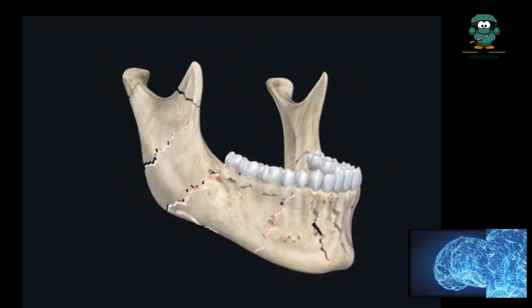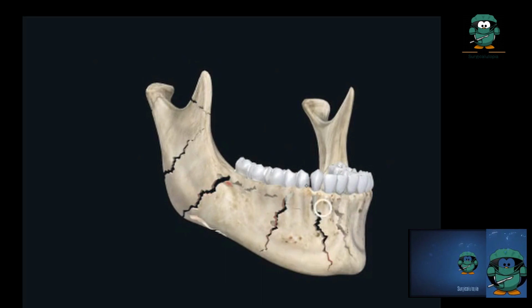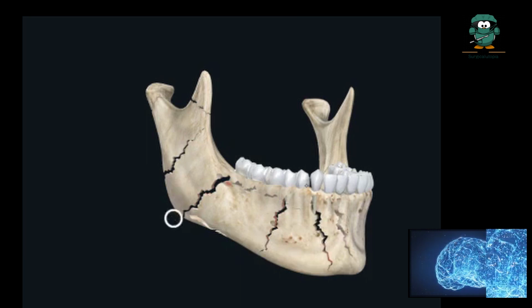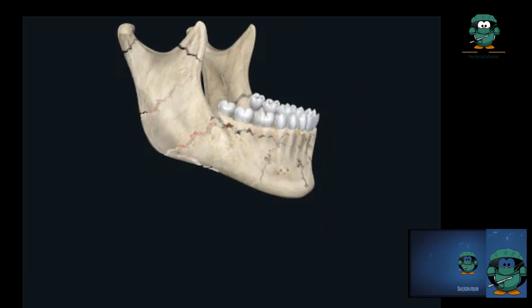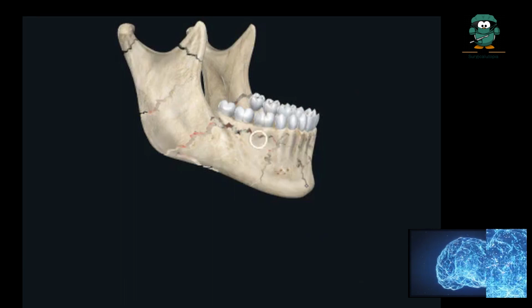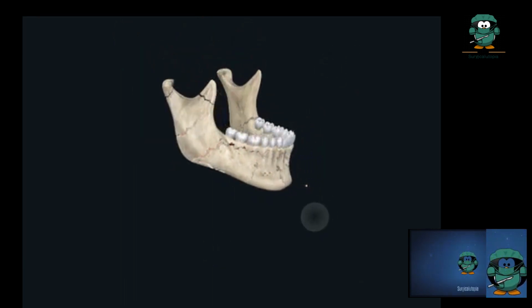So you can see that this is the precanine fracture, this is the canine fracture. Over here, this is the post-canine fracture, then the angular fracture, then the supraangular fracture, then the condylar fracture. Over here, the coronoid fracture and the alveolar process fracture. So this is the fracture according to the localization.